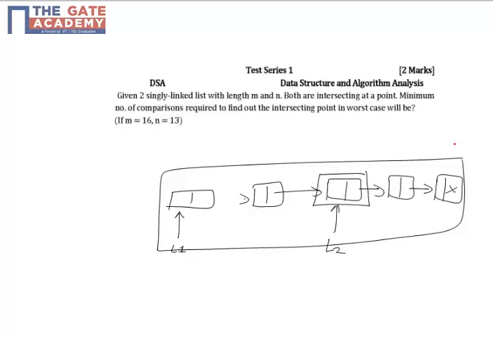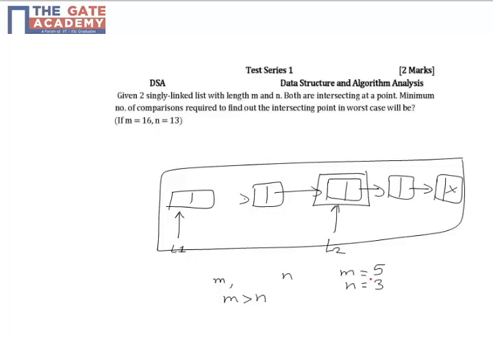Now think about two lists where the length of one is m and the length of the other is n, and let's say m is greater than n. In this example, m is equal to 5 and n is equal to 3.